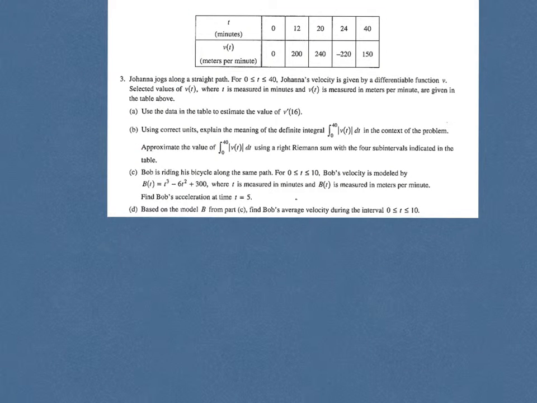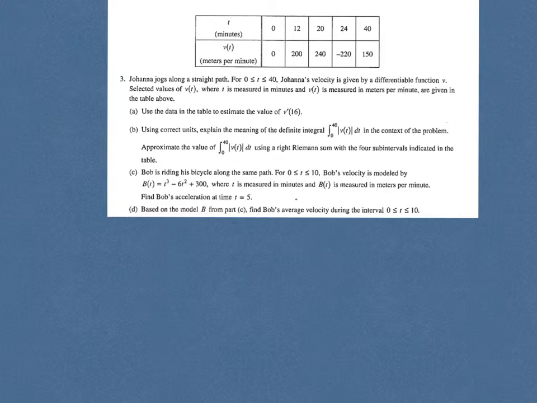These next two questions, 3 and 4, are again AB questions, so these would be common to the AB exam. Number 3: Johanna is going on a straight path, and for t going from 0 to 40 minutes, her velocity is given by a differentiable function v.